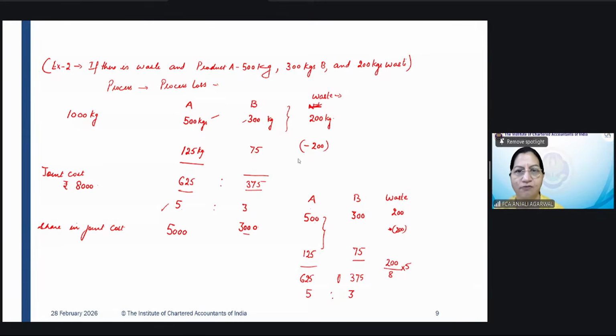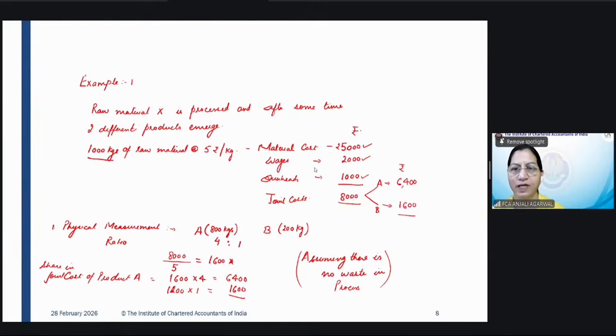1000 kgs of raw material is processed, and therefore we have a cost of 8,000. So we took 1000 kgs of raw material X, which was costing us 5 rupee per kg. So the material cost comes out to be 5,000 rupees. On that, you start employing labor, which charges 2,000, as well as overheads. So after employing wages and overheads, the total joint cost.